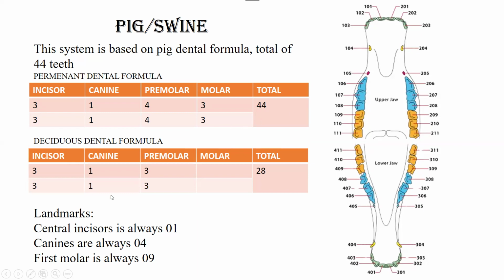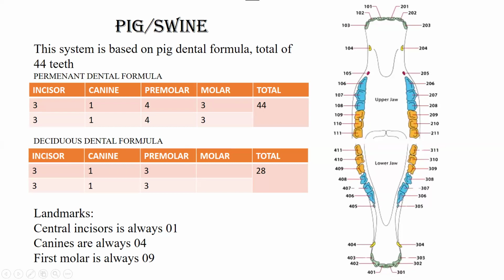So we have made these landmarks: the central incisor is always going to be 01. This is a fixed number for the central incisor. Then number 4 is always going to be a canine. And then the first molar is always going to be 09.